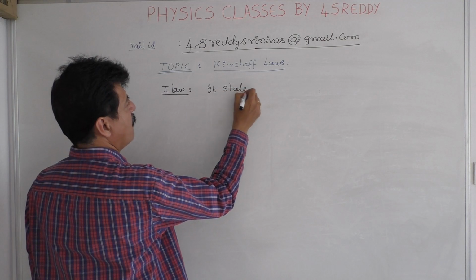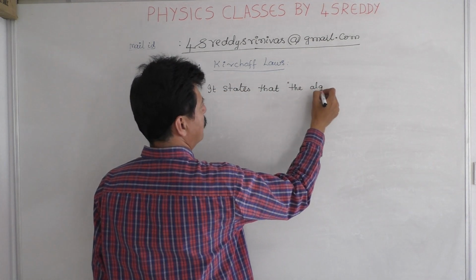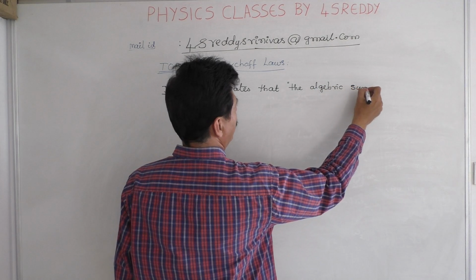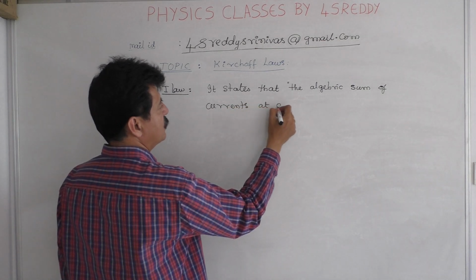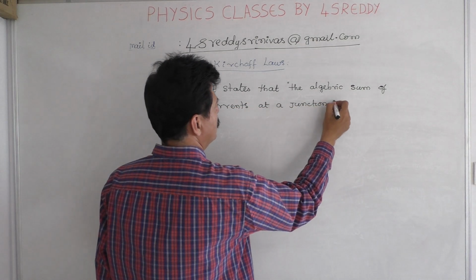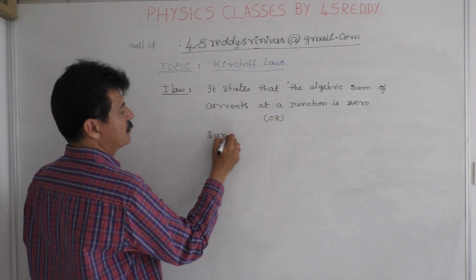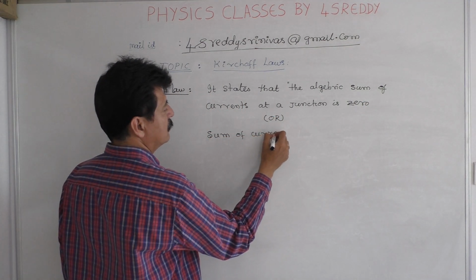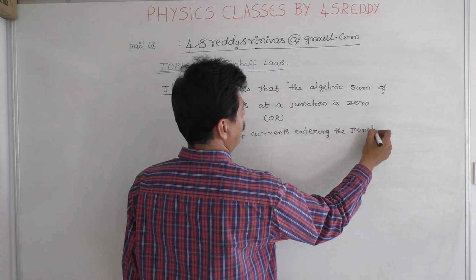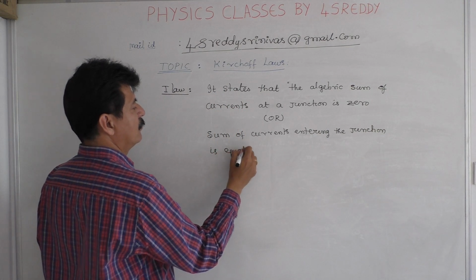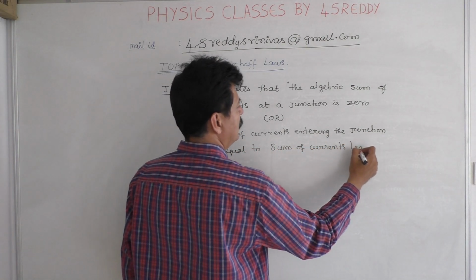it states that the algebraic sum of currents at a junction is zero, or the sum of the currents entering the junction is equal to the sum of currents leaving the junction.